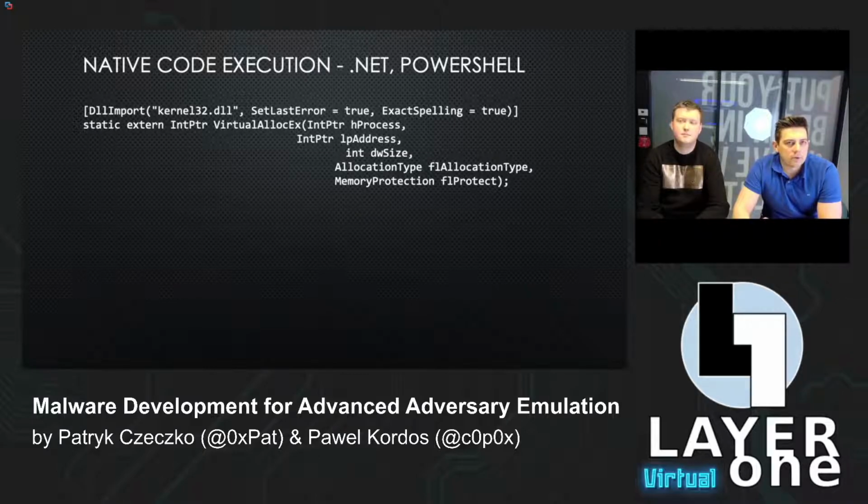And from .NET or PowerShell, we can also simply import API functions, define them, and execute. This is called platform invoke, and it's a matter of cooperation between .NET and low-level system APIs.